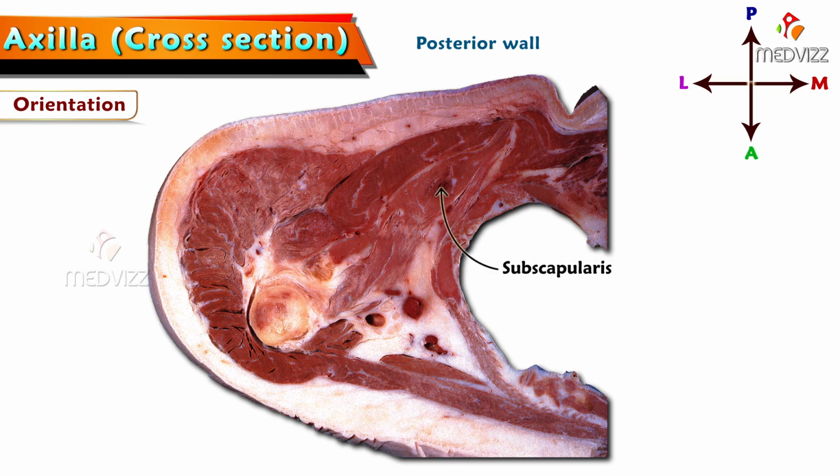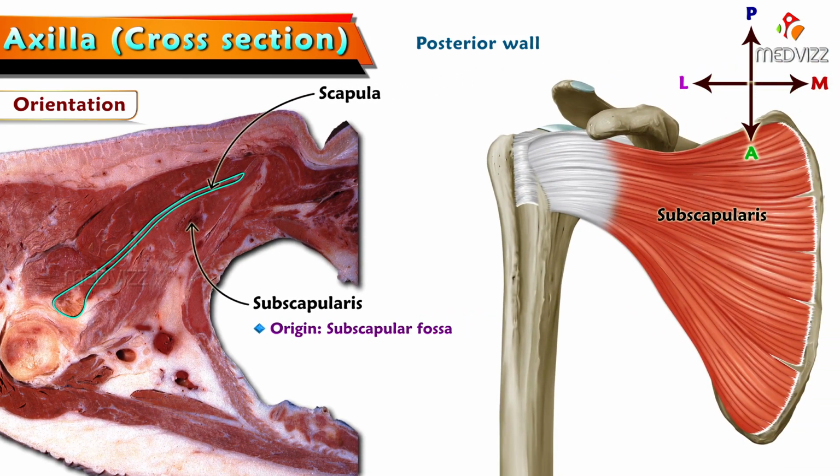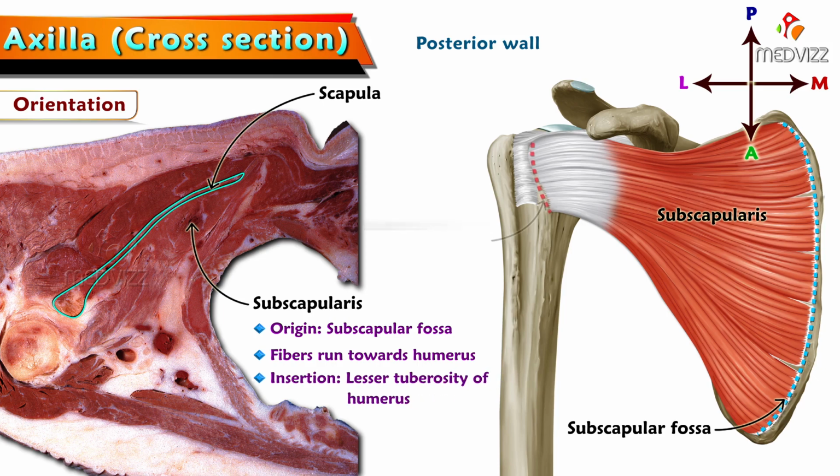One is the subscapularis, present on the costal surface of the scapula. This thick muscle originates from the subscapular fossa, and the fibers run towards the humerus.